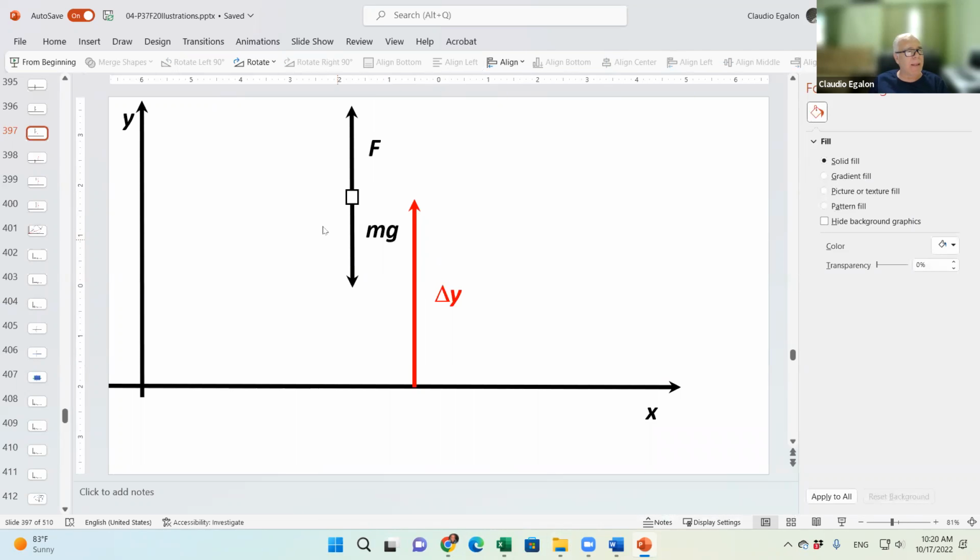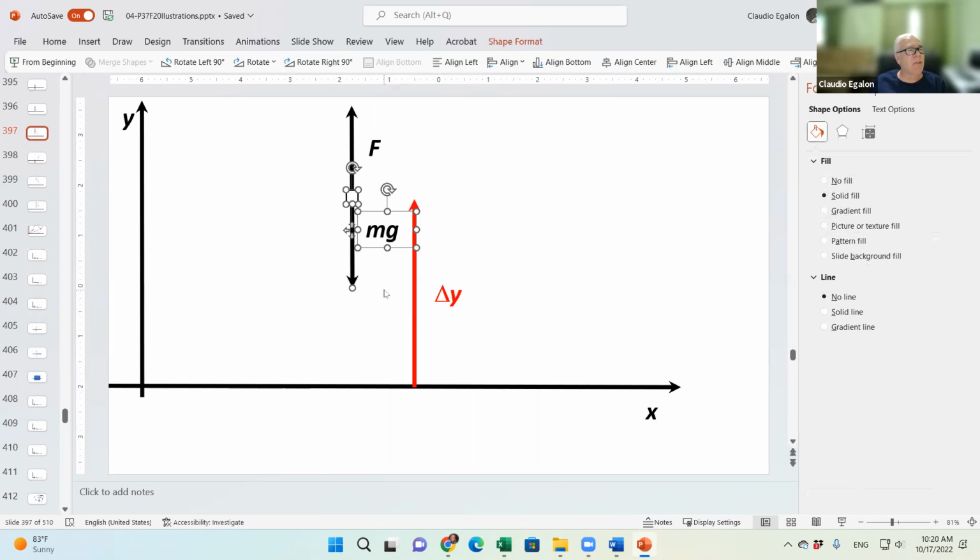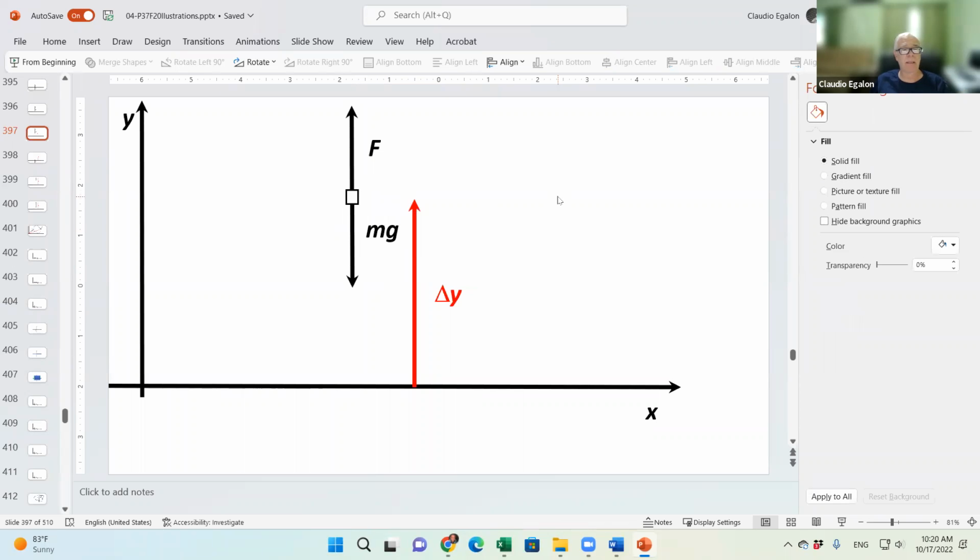Every time that the weight, I'm not talking about any force, I'm talking about just the weight, does negative work, it has the capability of storing potential energy in the object. That's very important. Not every force is capable of doing that. There is a special type of force out there that is capable of doing that.